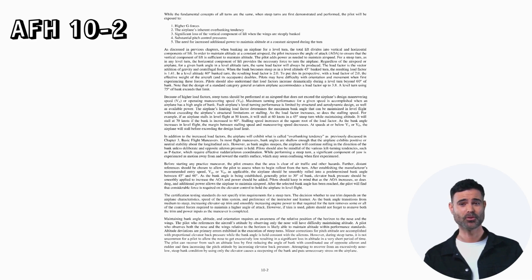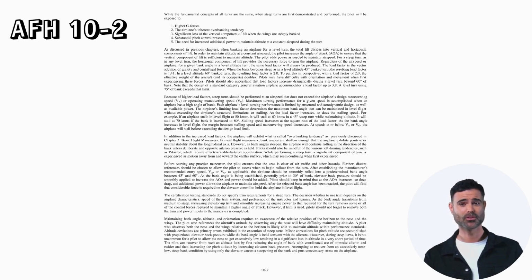Pilots may have difficulty with orientation and movement when first experiencing these forces. Pilots should also understand that load factors increase dramatically during a level turn beyond 60 degrees of bank. Note that the design of a standard category general aviation airplane accommodates a load factor up to 3.8. A level turn using 75 degrees of bank exceeds that limit.